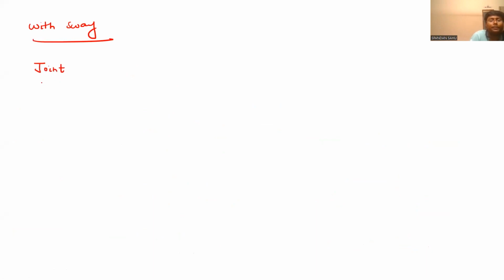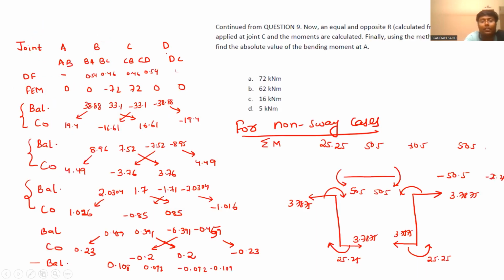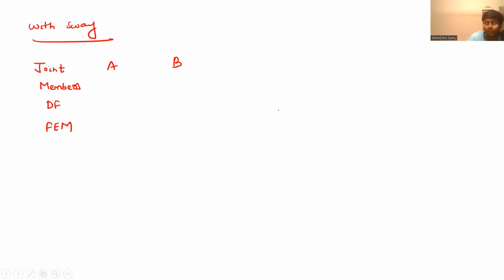Same joints, members, distribution factor, fixed end moments: A, B, C, D. Members AB, BA, BC, CB, CD, DC. Here it was 0.54, 0.46, 0.46, 0.54.